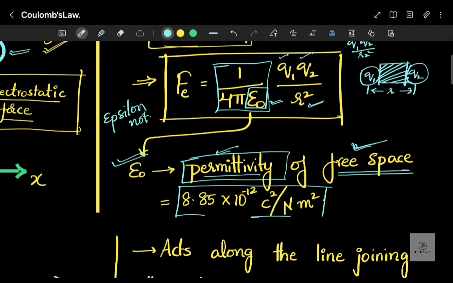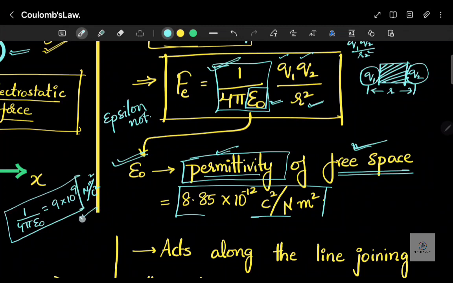The value of 1 by 4 pi epsilon naught is a constant value, and you can remember it as 9 into 10 power 9 Newton meter square per Coulomb square. What is the value of 1 by 4 pi epsilon naught? It is equal to 9 into 10 power 9. After substituting this value in this particular equation, you will get it.